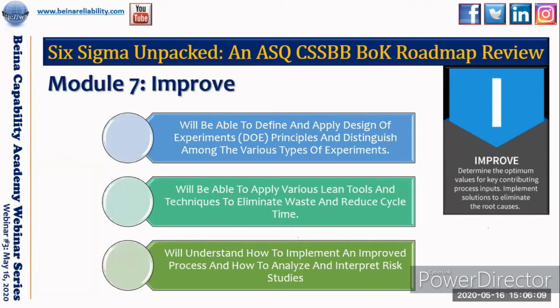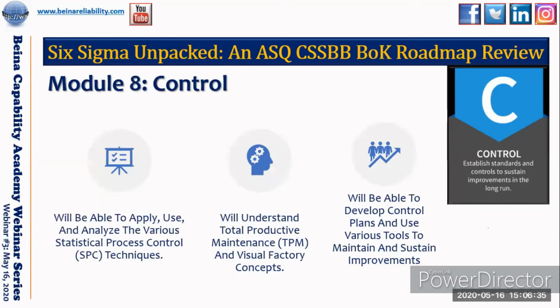Knowing when to use the tools is almost as important, if not more, than knowing the tools. So you must not only know the tools you want to use, you must also know when you want to use them. Then you should be able to implement an improved process and analyze and interpret all the risk associated. That's module 7. Module 8 looks at control.